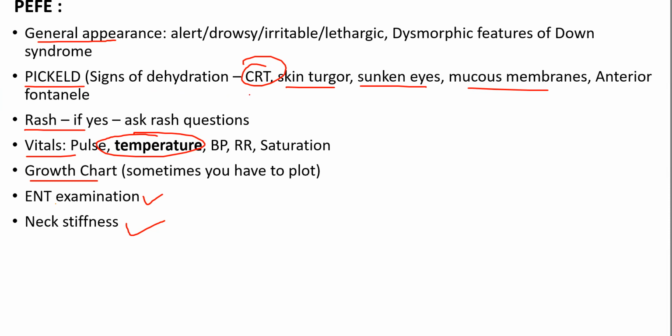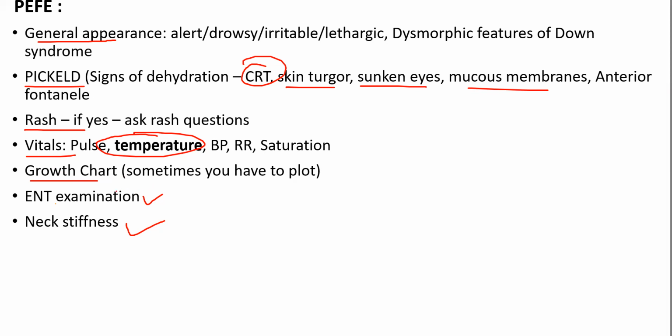So I will check capillary refilling time, skin pinch, any dry sunken eyes, or any dry mucous membrane. I'll check for any rash to rule out meningitis. I would check the vitals, starting with the blood pressure, pulse, temperature, respiratory rate, and oxygen saturation. I will also make sure the child is growing well, so I will check the growth chart.